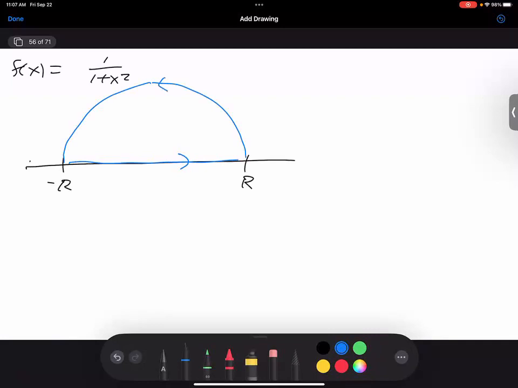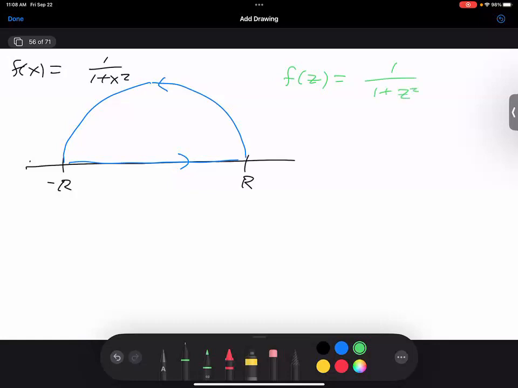And now I have to complexify this function. So can anybody think of a nice function that reduces to 1 over 1 plus x squared when my variable z is x? Yeah, 1 over 1 plus z squared, right?